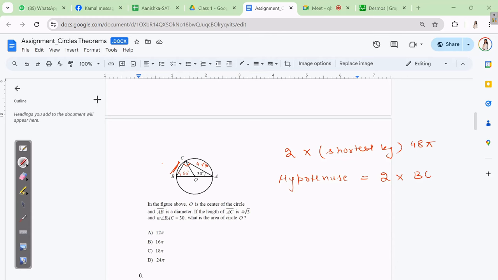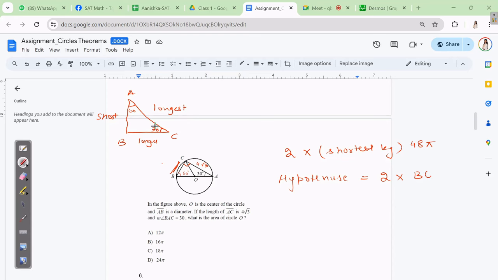Okay, so remember that in a 30, 60, 90 triangle, this is 30, and this is 60. First of all, the leg opposite to the smaller angle will be the shorter leg. 30 is smaller than 60, so the leg opposite to 30 degrees will be the shorter leg, and the leg opposite to 60 will be the longer leg, and the hypotenuse is obviously the longest side.